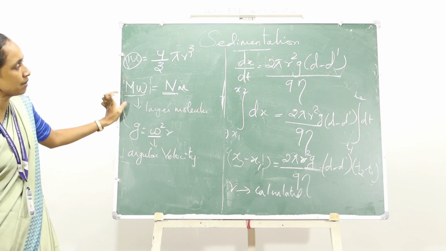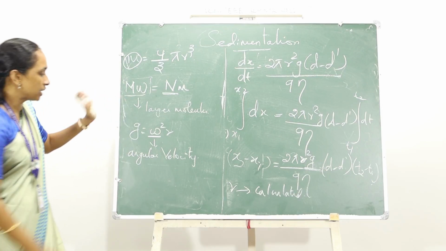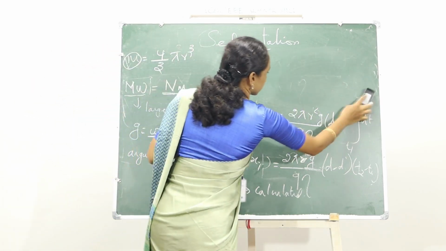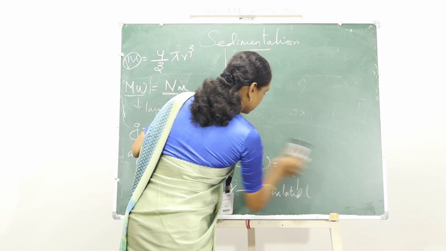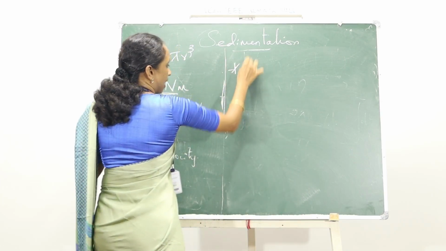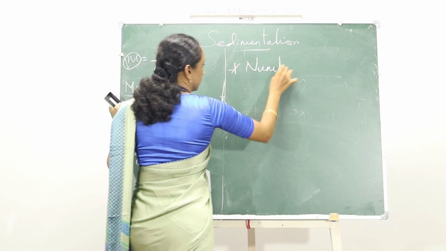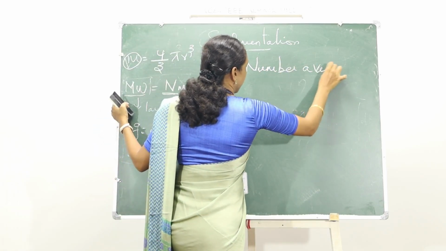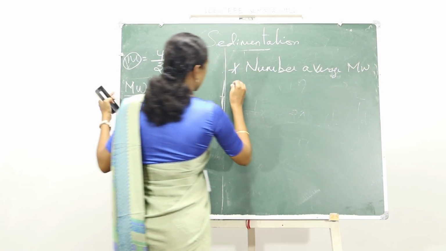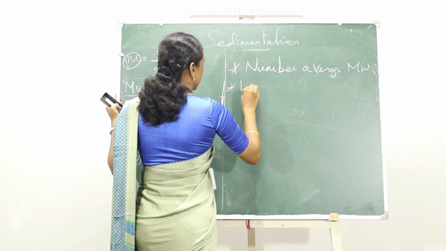So now with the equation we can calculate the molecular weight of the particle, and this molecular weight is of two types. One is number average molecular weight. The other one is weight average molecular weight.